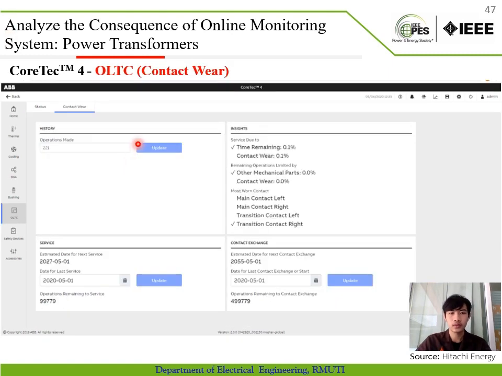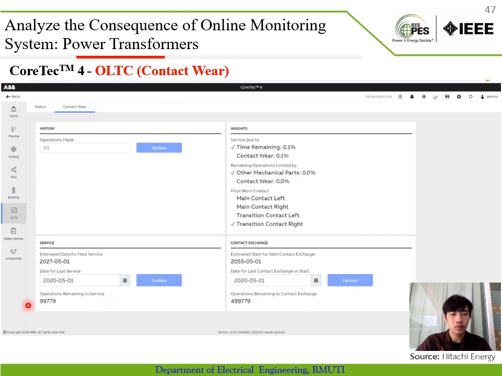On-load tap changer contact will display on Cortex TM4. It shows the number of operations remaining to service or maintain the on-load tap changer, and the number of operations remaining to contact exchange for exchanging the contact of the on-load tap changer.